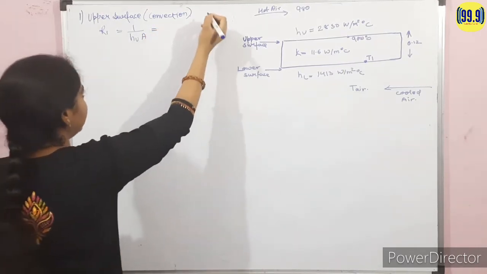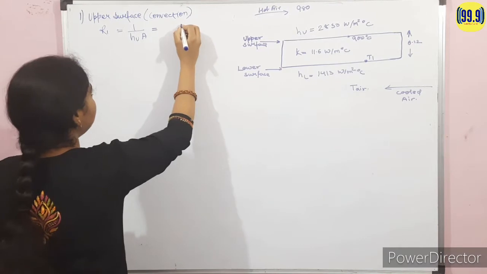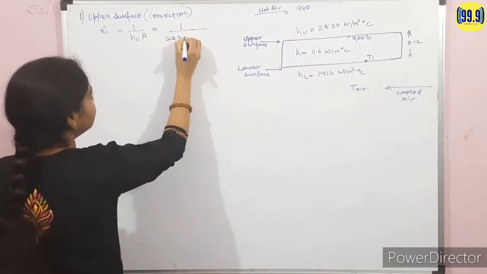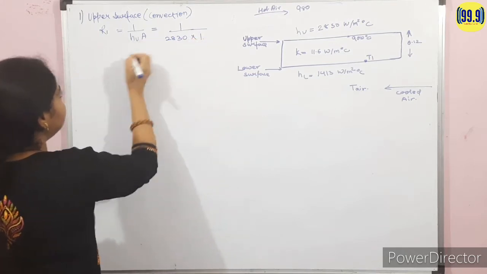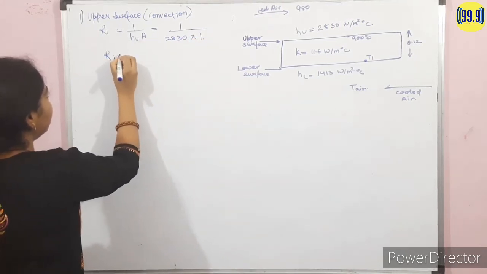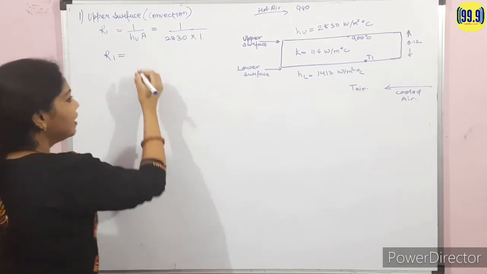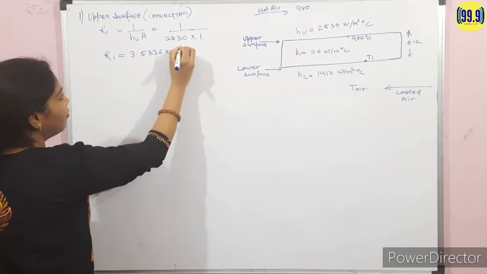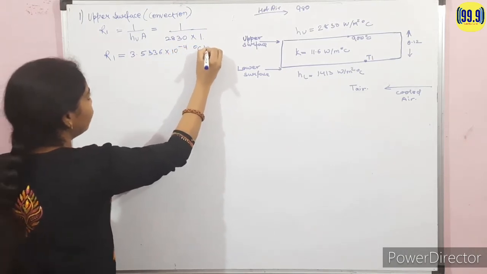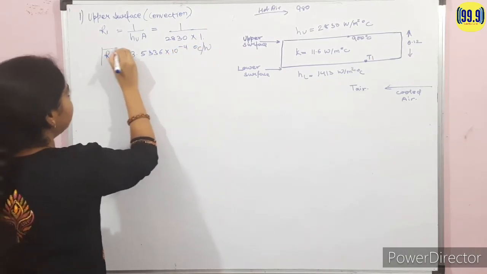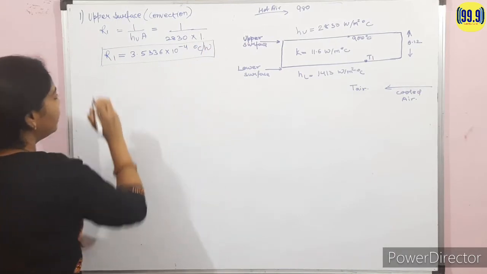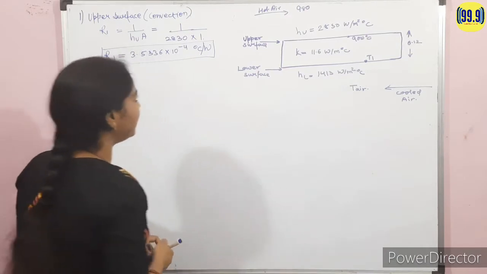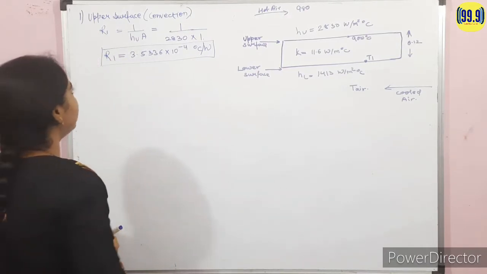For that the value will become 1 upon h into A, where h is 2830 into 1, and this will lead to the value of R1, that is 3.5336 into 10 to power minus 4 degree Celsius per watt. So finally we got the value of R1, that is 3.5336 into 10 to power minus 4 degree Celsius per watt.